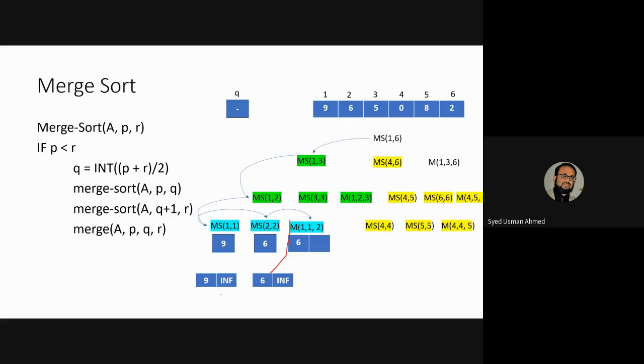And then we increment this INF pointer. We will compare 9 and INF, so we will move 9 here, right? So in this way we merge 6 and 9. So this merge procedure will return back to merge sort 1 comma 2, right? And now this merge sort procedure has a merged list called 6 and 9.